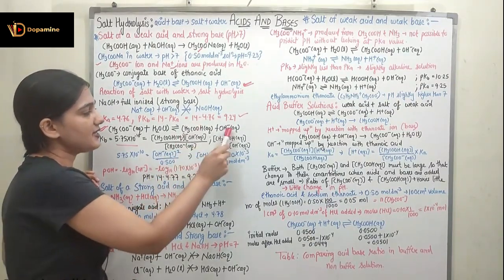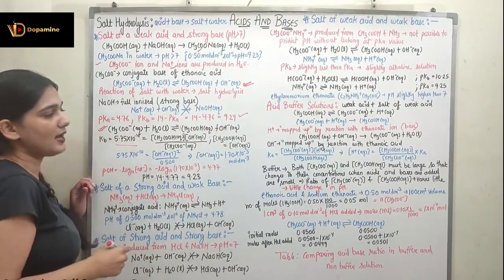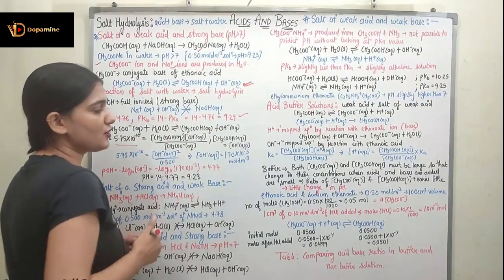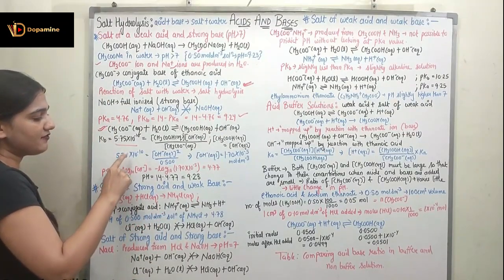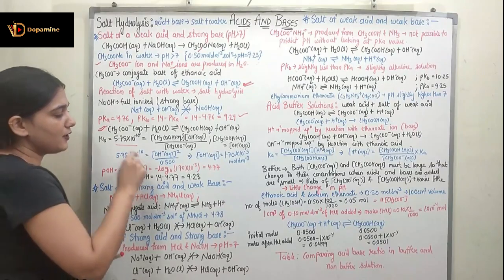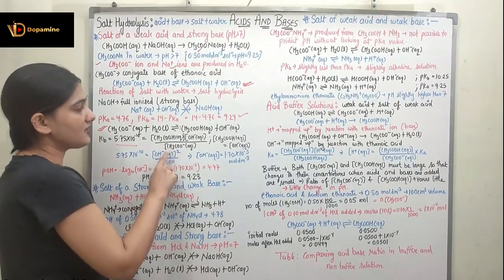Both coefficients here are 1, so the concentration of CH3COOH equals the concentration of OH negative at equilibrium. So 5.75 times 10 raised to the power minus 10 equals the concentration of OH negative squared upon the concentration of CH3COO negative.